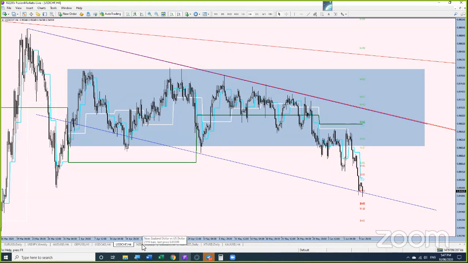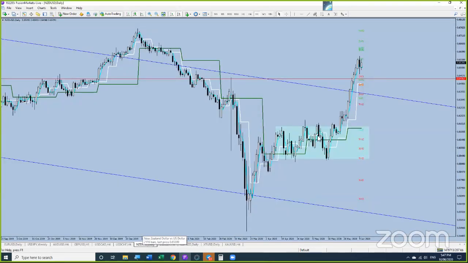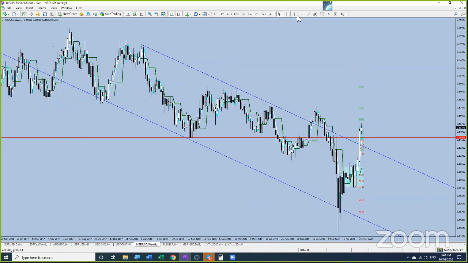Kiwi US dollar, broken clear of the descending channel. Not really at a strong resistance level, one would have to say. Although if we go a little bit wider, yeah, I think this has probably got a little bit left in it. Maybe up to here, 67-ish.